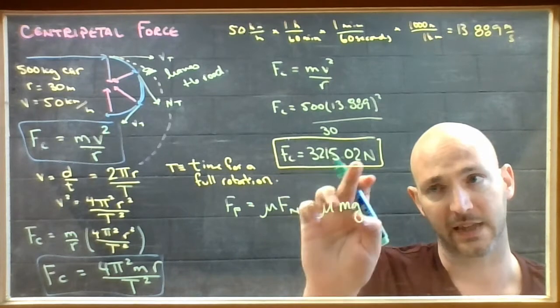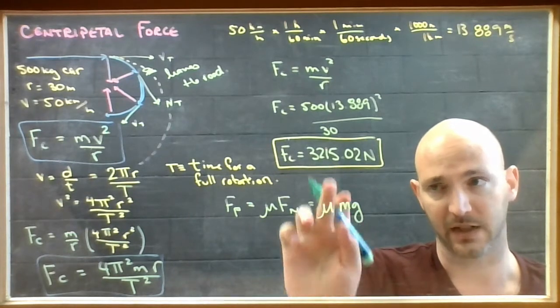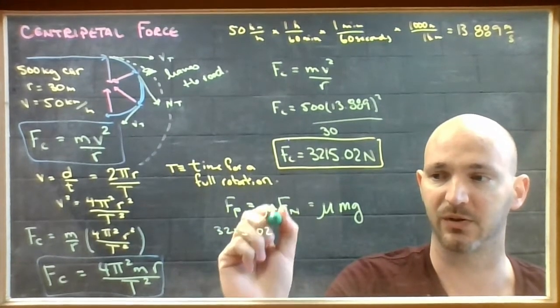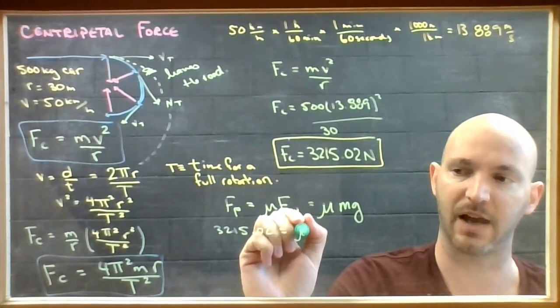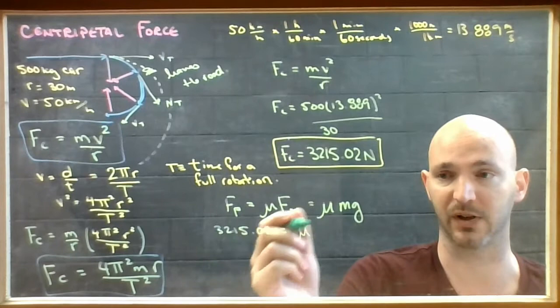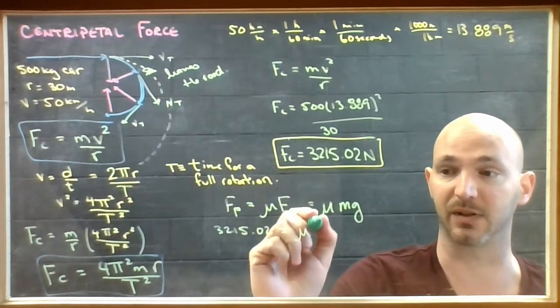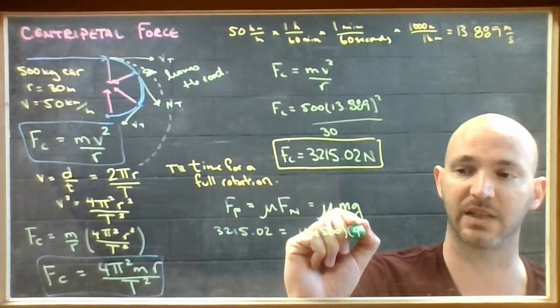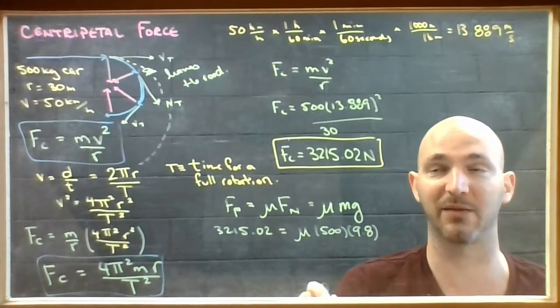If I want to get this force of 3,215.02 newtons, I haven't been handed a coefficient of friction, but I was given a mass for the car. It's 500. And I do know that g is 9.8, assuming we're driving our car on Earth.